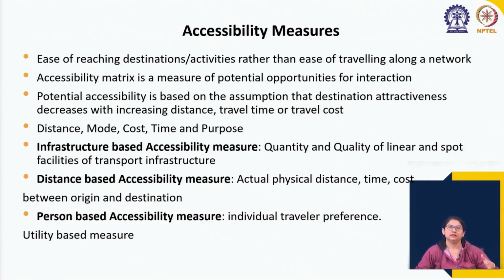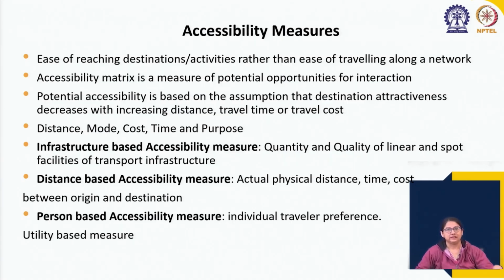They differ depending on what these measures are actually trying to calculate or evaluate. Whenever we talk about an accessibility matrix, it describes the potential opportunities of interaction between a number of locations.